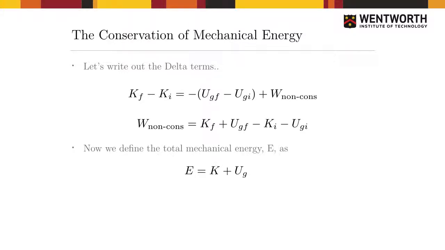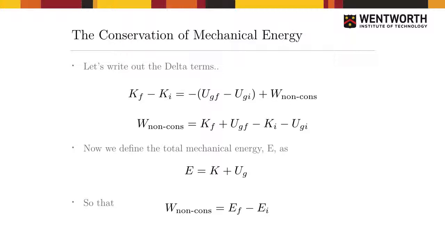Now before moving on, let's define our total mechanical energy as capital E. This is just the total amount of energy that an object has, which is just the sum of kinetic and potential energies. Then we can rewrite our equation above as work non-conservative equals the change in an object's total energy.